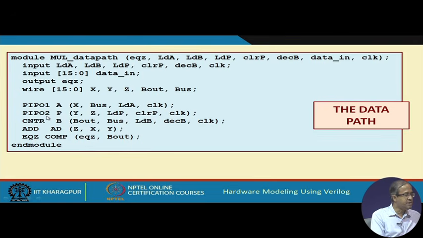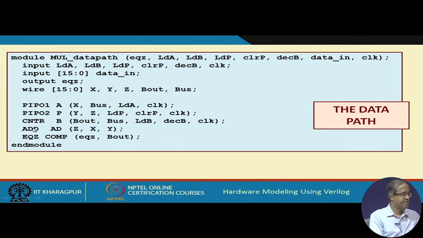PPO 2 is a parallel in parallel out register with load and clear control. You need this for the P register. Y is the output, Z is the input to this register, and this is load, this is clear and clock. B is a counter, but the output of the counter I call B out, input is bus, you can load it, you can decrement it, and clock.